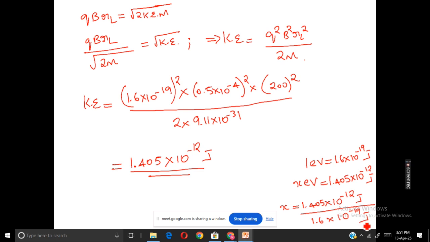It will be 8.78 mega electron volt. This is the kinetic energy of the electron. Now, the third question.